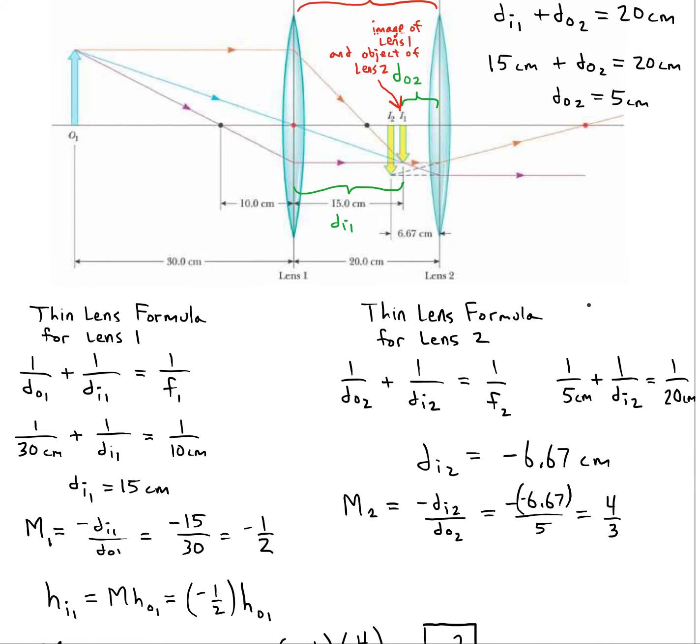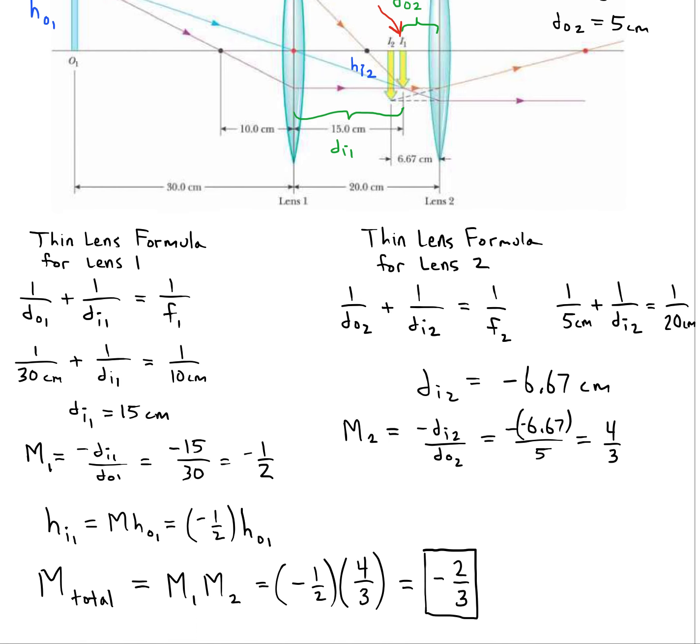This means that image 2 will be 2/3 as large as object 1. So if object 1 has a certain height, call it HO1, then our image 2 will have a height of HI2. Now we just want to relate those two things.